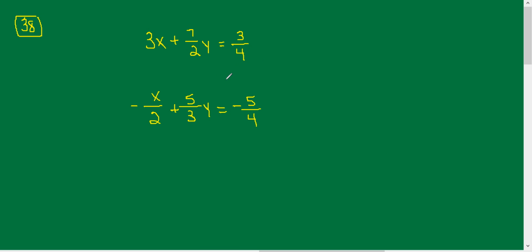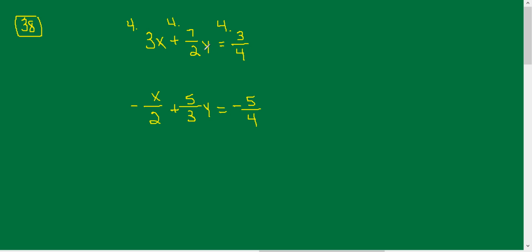Okay, here's a toughie. Here's a tough problem. A lot of things we can do with this to make it easier, but let's just clear these fractions out first of all. All right, let's see. The LCD of 2 and 4 is 4, so I'm going to multiply everything by 4 for this top equation.